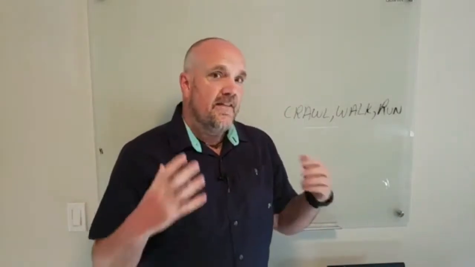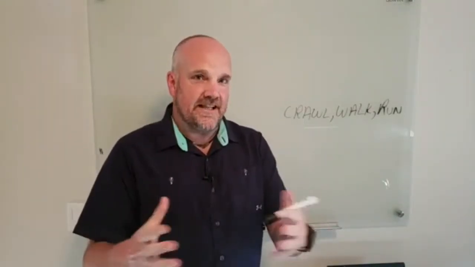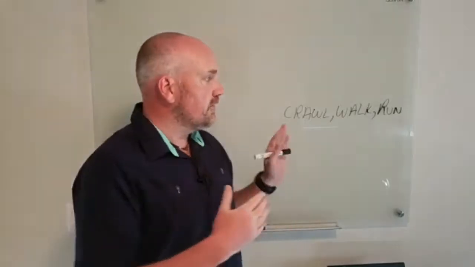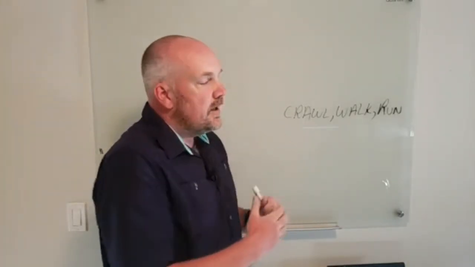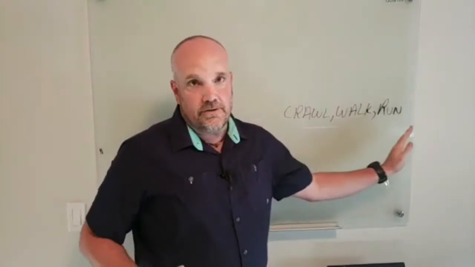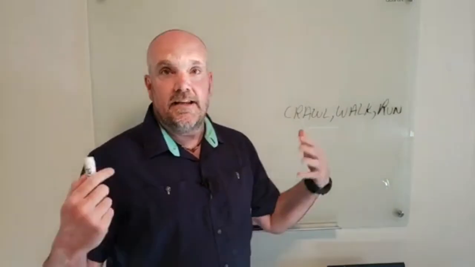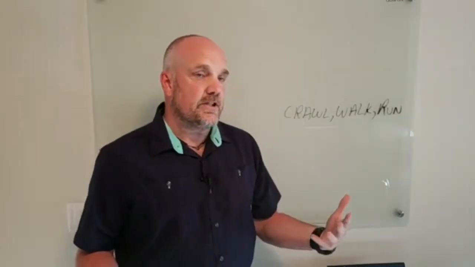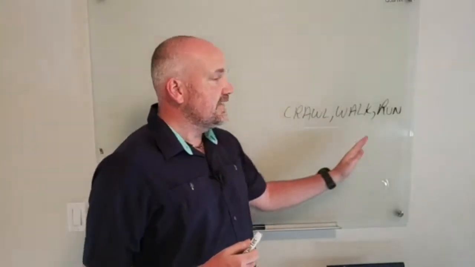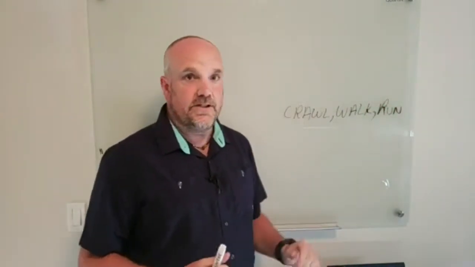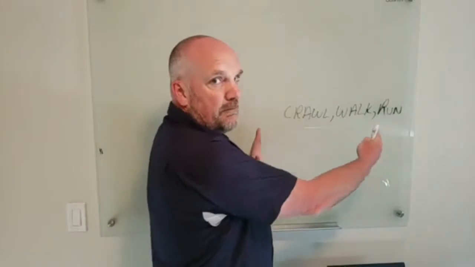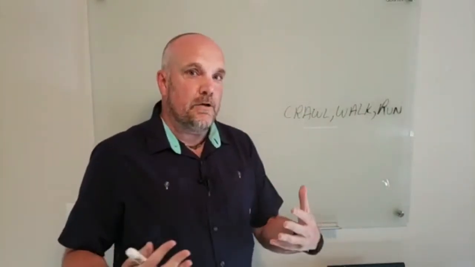He's trying to use the Force. That's really the very basics of what we're talking about with regard to crawl. On the other end of the spectrum, we have Yoda, a Jedi Master, and he is definitely running. That's the spectrum by which we will be talking about crawl, walk, run.